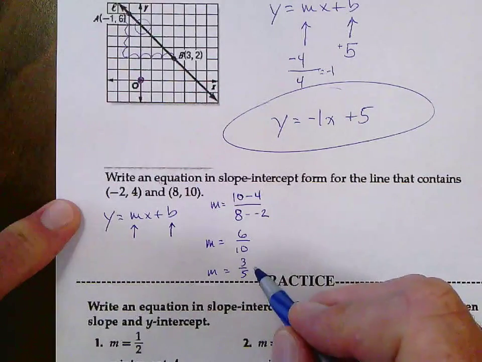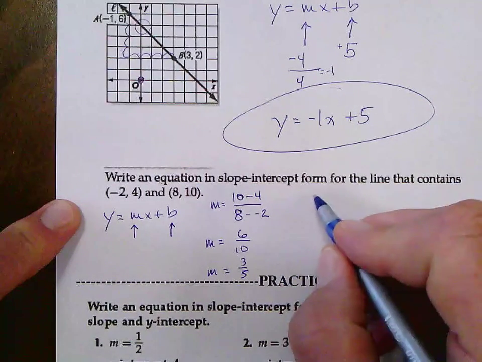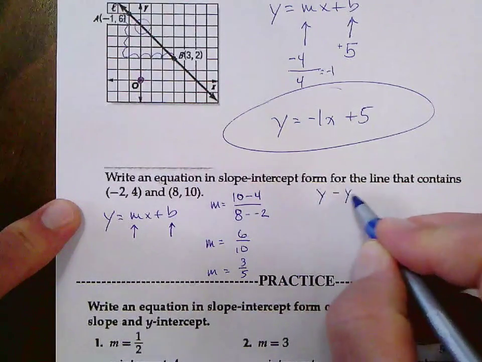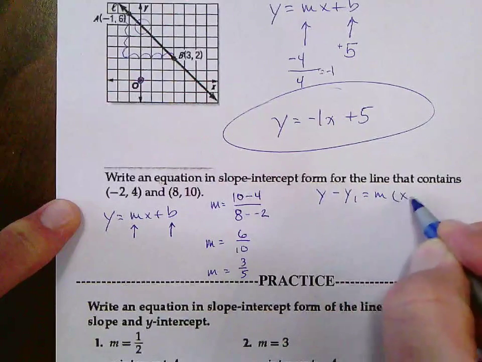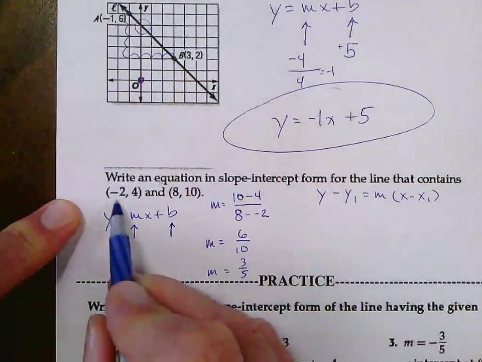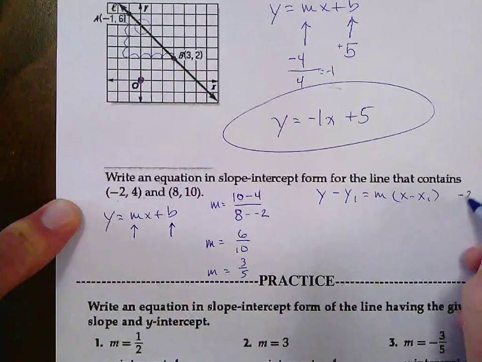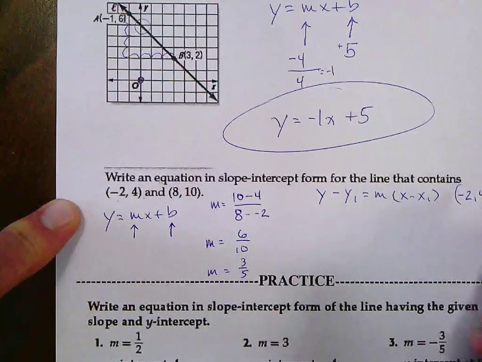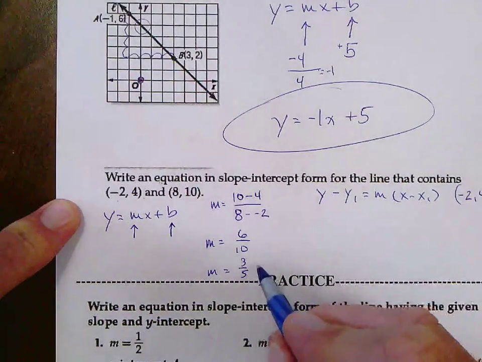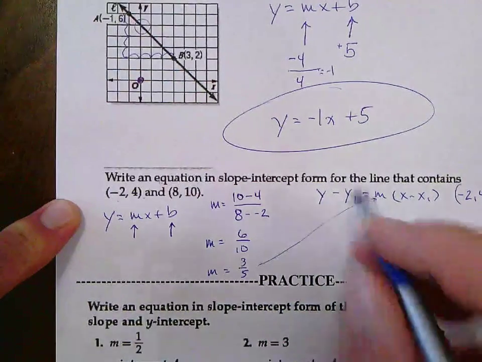What I'm going to do now is I'm going to use point slope actually. I'm going to take my slope, so I'm going to use my point slope, y minus y1 equals my slope times x minus x1. And I'm just going to grab one of the coordinates. I'll grab the negative 2, 4, and I'll throw those in. And I'm also going to throw my slope in. So this looks like this.